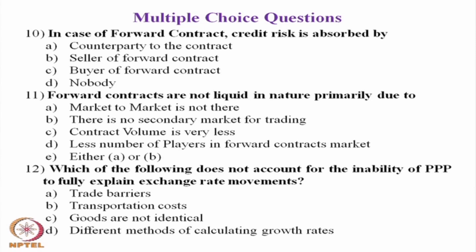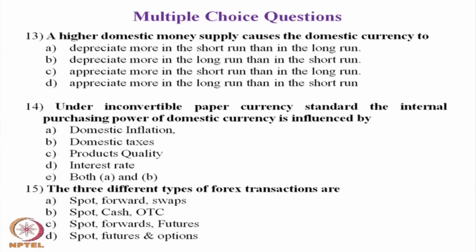Let us move to question number 13. A higher domestic money supply causes the domestic currency to, the answers are for you: A, depreciate more in the short run than in the long run.